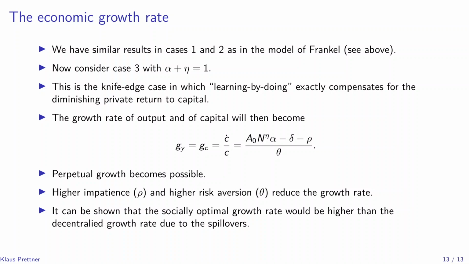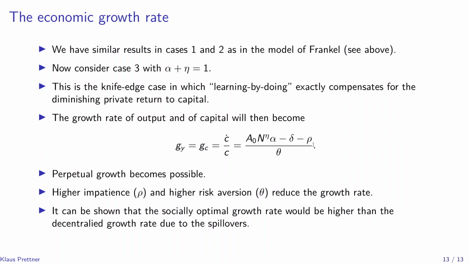Otherwise, you would not have a balanced growth situation. And this is now equal to a constant here, because A0 is a constant, N is a constant, eta is a constant, and alpha is a constant. And from this, that's the marginal product of capital, you subtract another constant, the depreciation rate and the rate of impatience.